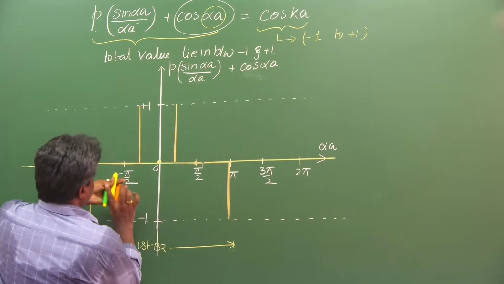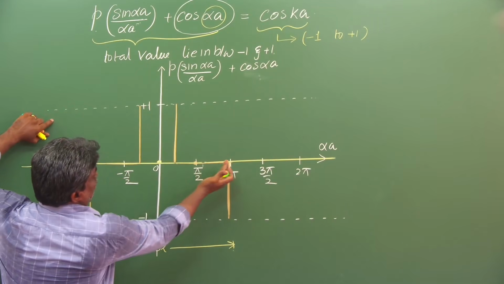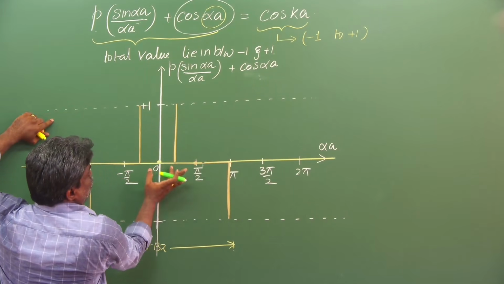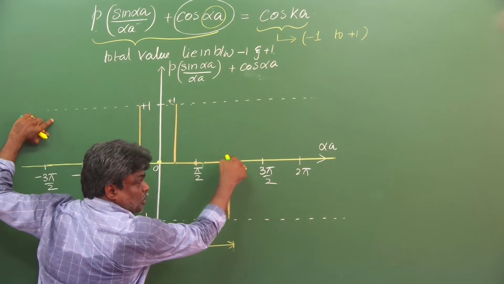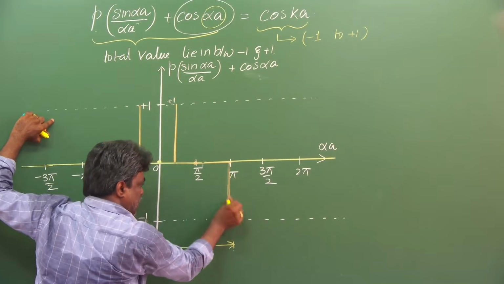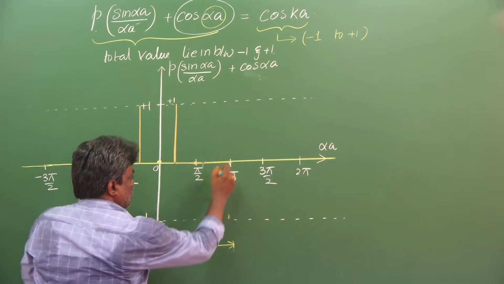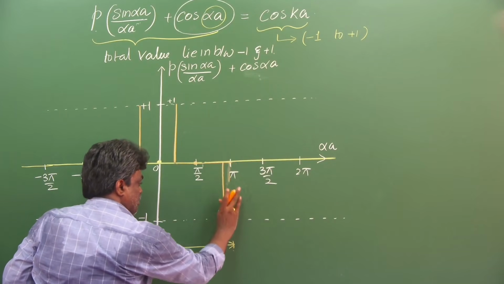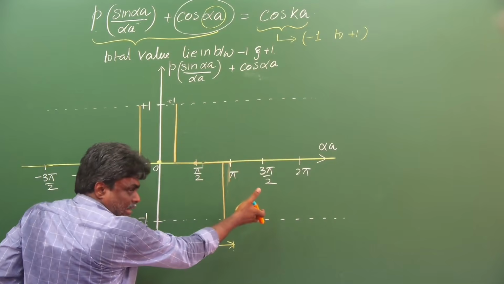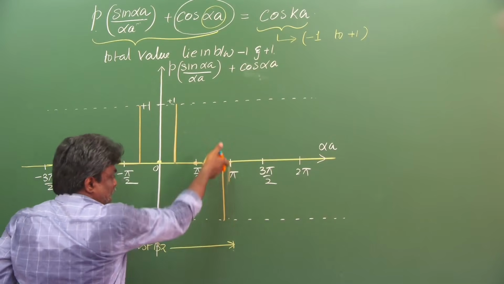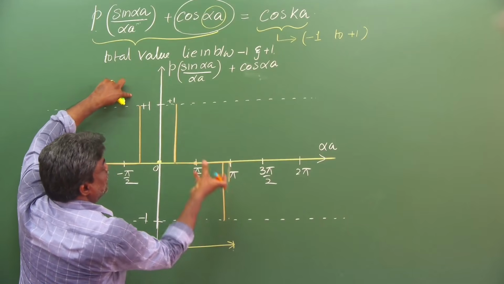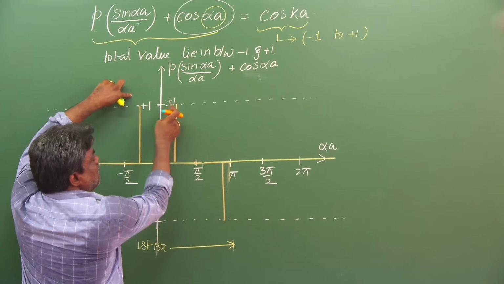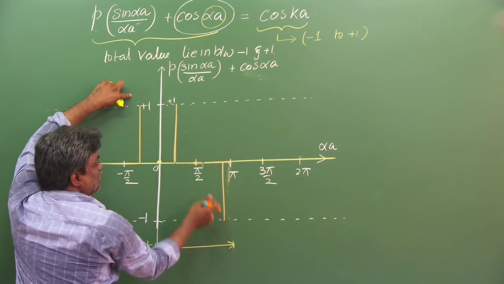Wait. Okay. Once again. What happened here? As alpha A is coming close to 0, it is going to plus 1. As alpha A is going towards pi, not exactly at pi, nearly coming close to pi, that is a zone boundary, you are getting a minus 1. So definitely your energy spectrum lies in between plus 1 and minus 1.